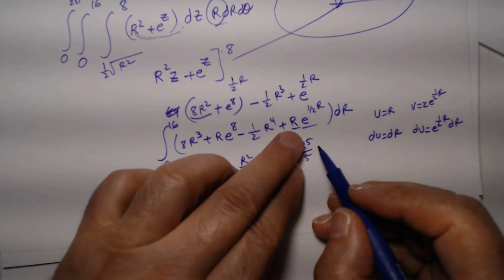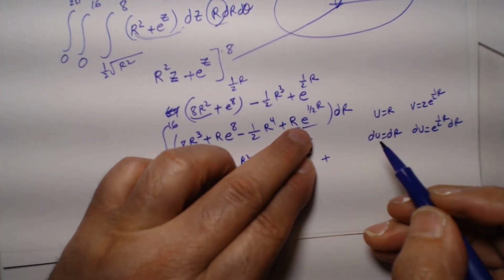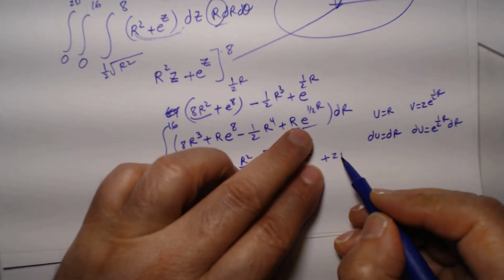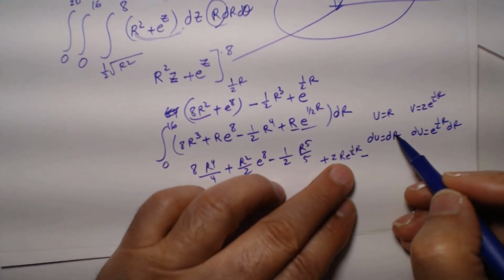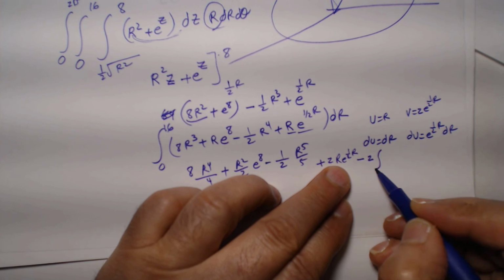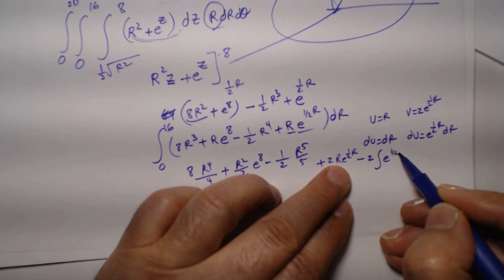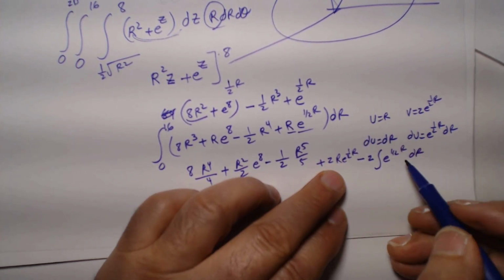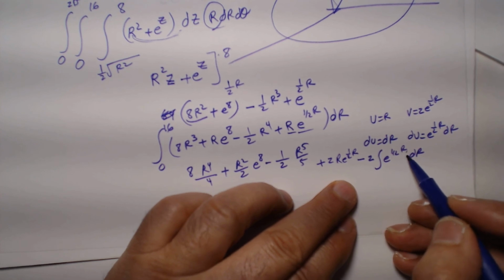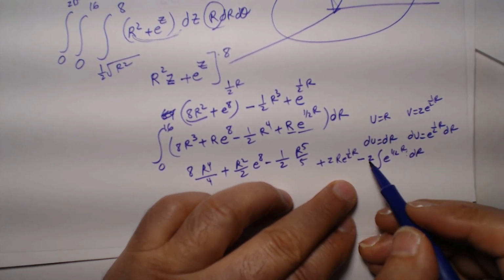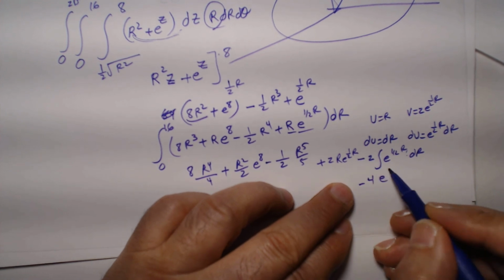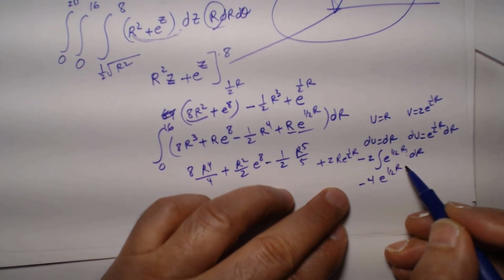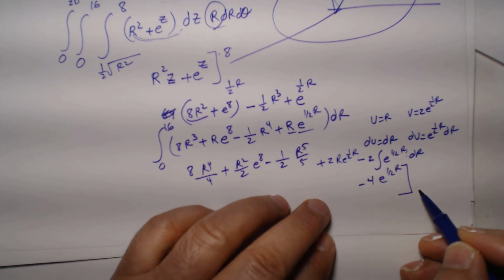Then for that one I have plus 2r e to the power of 1/2 r minus the integral of 2 e to the power of 1/2 r dr. And this is integrable. I need a 1/2 here, I multiply by another 2, that becomes a -4 e to the power of 1/2 r, all from 0 to 16.